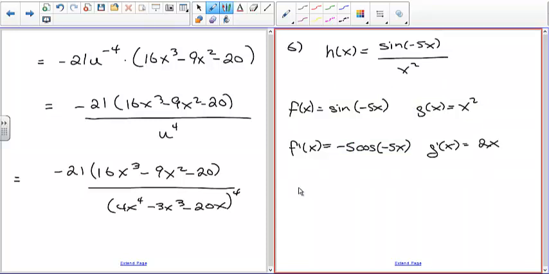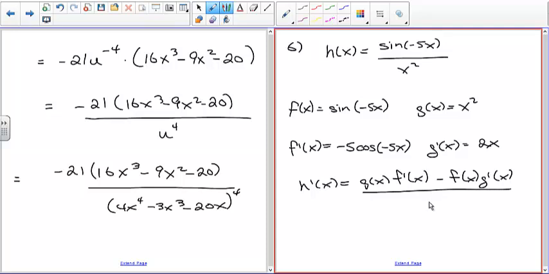So this is the quotient rule, which I can never remember, so I'm going to write it out here. So you get g of x times f prime of x minus f of x times g prime of x, divided by g of x quantity squared.